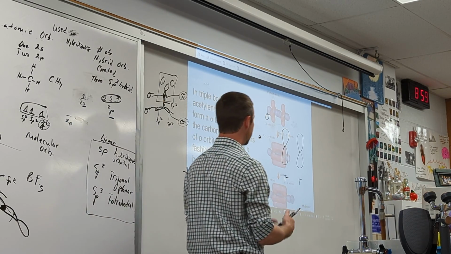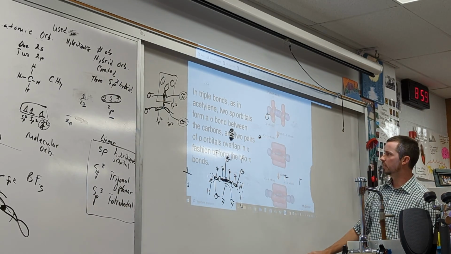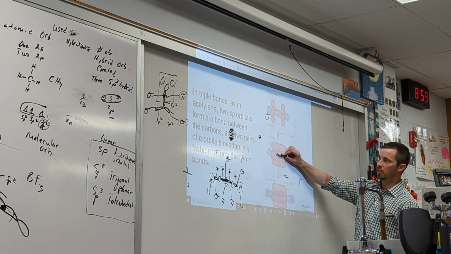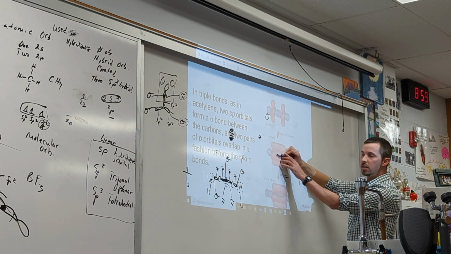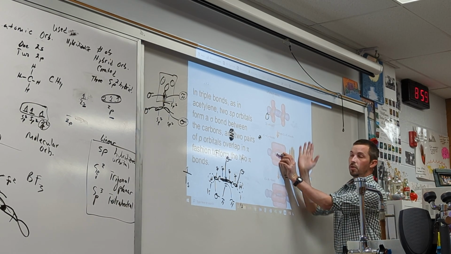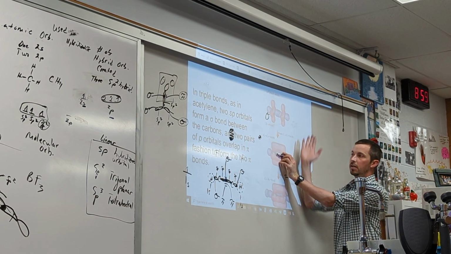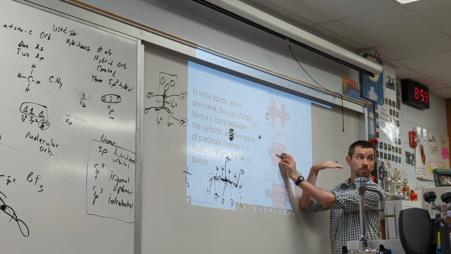So perpendicular to the axis. Maybe the coloration doesn't always help me, but maybe you can see it better than I can. Here's the internuclear axis between two carbon atoms. Can you tell that there's definitely some overlap going up and down? Where's the other one? Towards you, right?